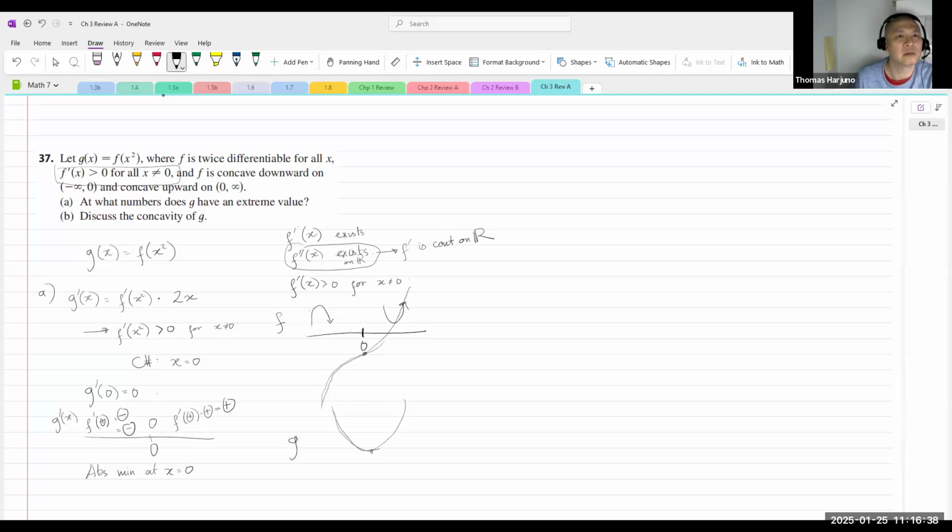I don't see any reason we can get anything else there though. The first derivative is positive.